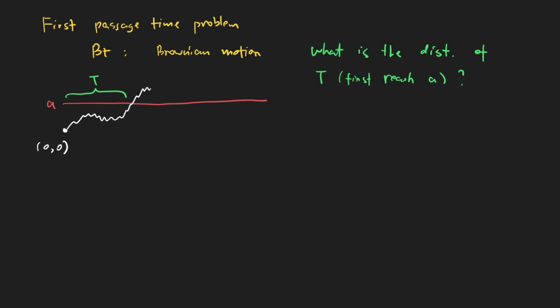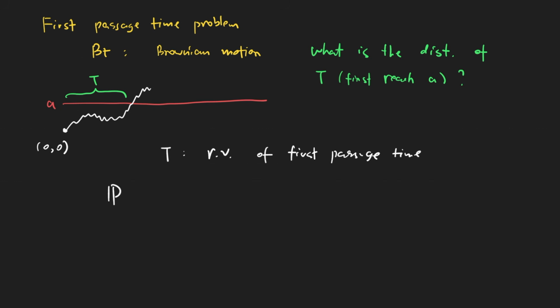Okay, so now let's think about how we can formulate this probability into equations. First, let's define capital T to be the random variable of the first passage time. So we can define the probability distribution using its CDF.